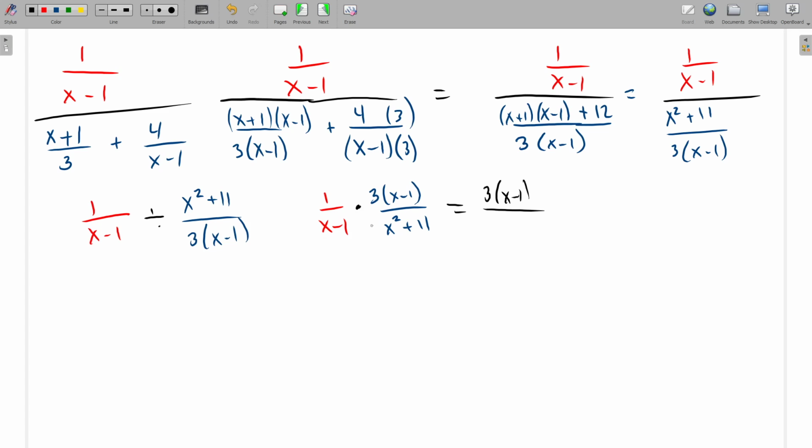And we don't actually multiply these. Remember, we write them as the product of the two factors so that we can easily see that this x minus 1 is going to cancel and leave us with 3 over x squared plus 11. Right, and this 3 over x squared plus 11, there's nothing we can do to it to simplify. It's already in its simplest form.